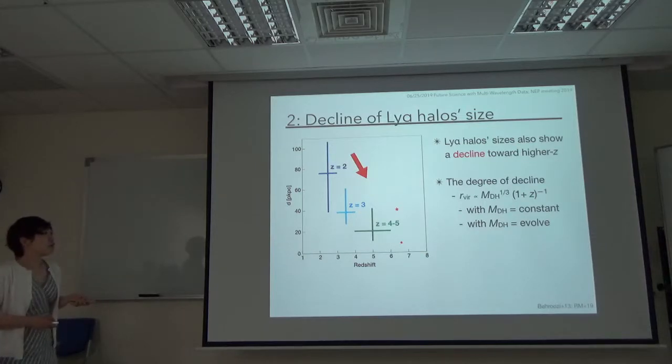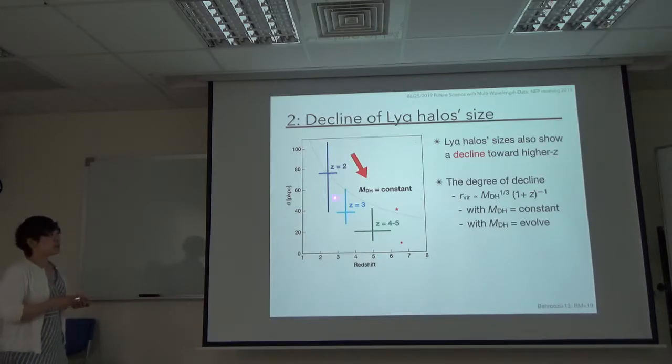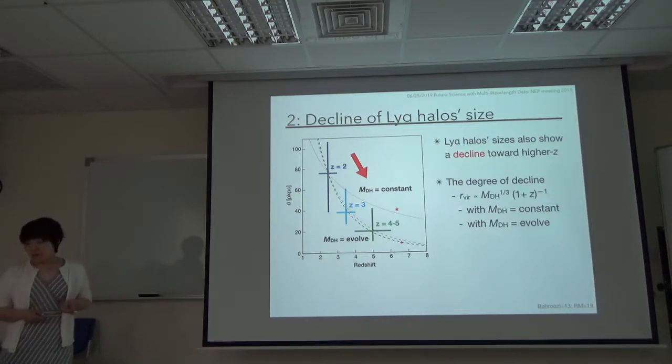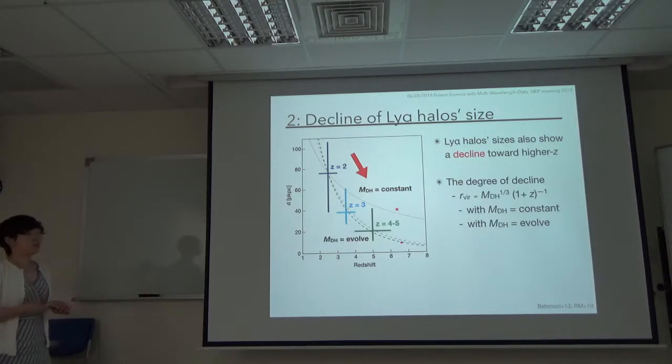So first we see the constant model. You can clearly confirm that, compared to the constant model, our halos change much more steeply toward higher redshift. Next we checked the evolved model, and then we found a very good match.